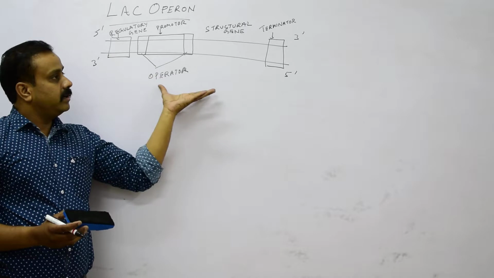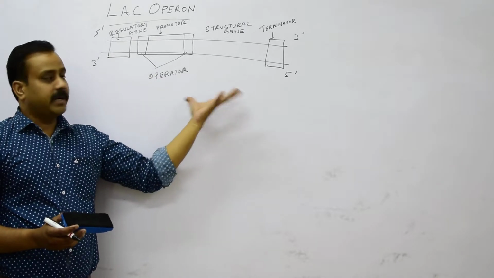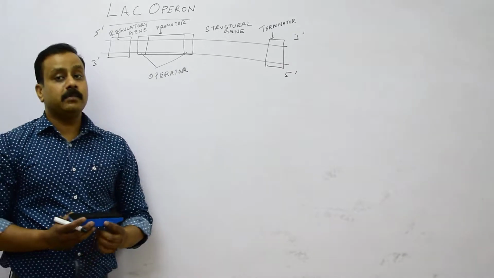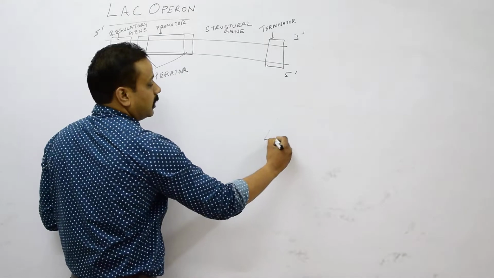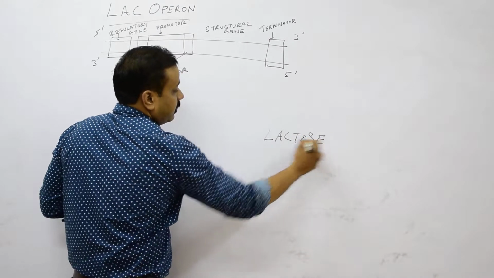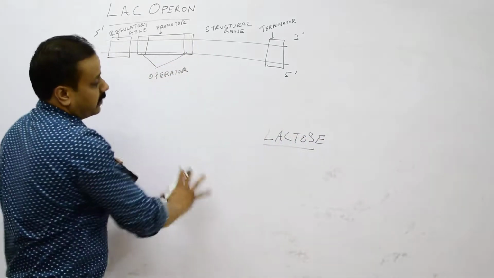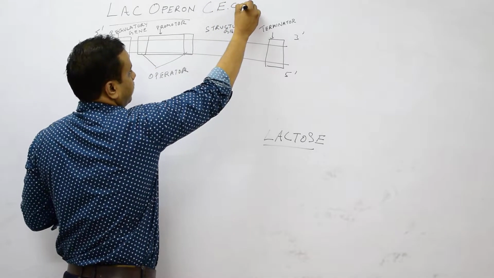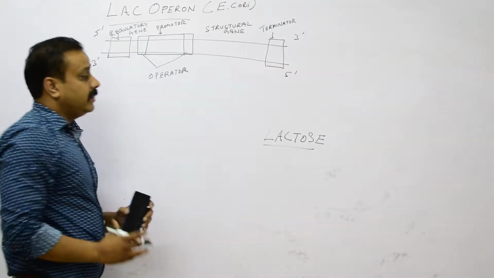The Operon is a model which represents the synthesis of the enzymes which are essential for the metabolism of a material called lactose. This structure is found in E. coli bacteria.